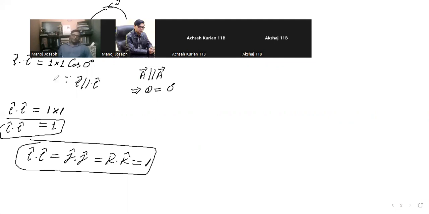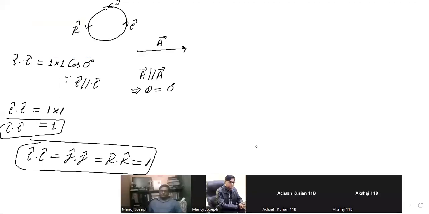So now let's take one example of work done. So we are having this straight path, and on this straight path, one object is acted upon by a force. Force is a point vector because it has a point of application.